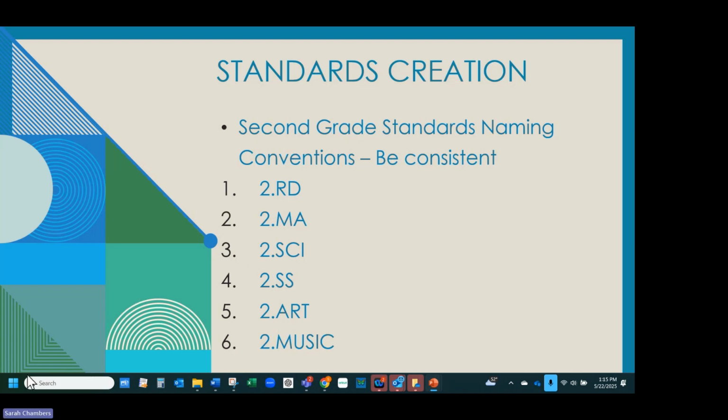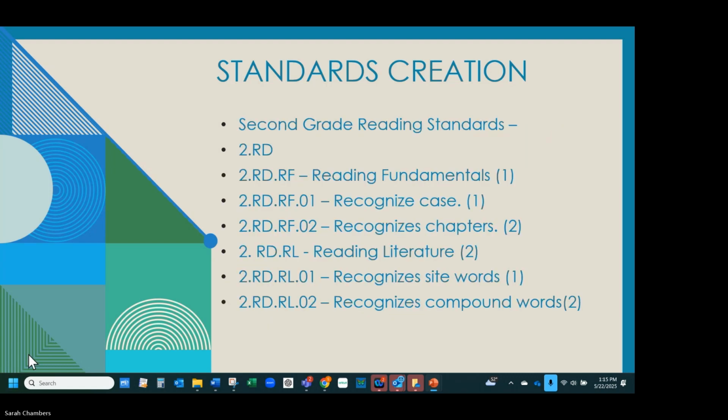And then under that, again, keeping with your outline, under second grade reading 2.RD, I have reading fundamentals and reading literature. That's 1 and 2. My sort order within my parent of reading, I have 1 and 2.